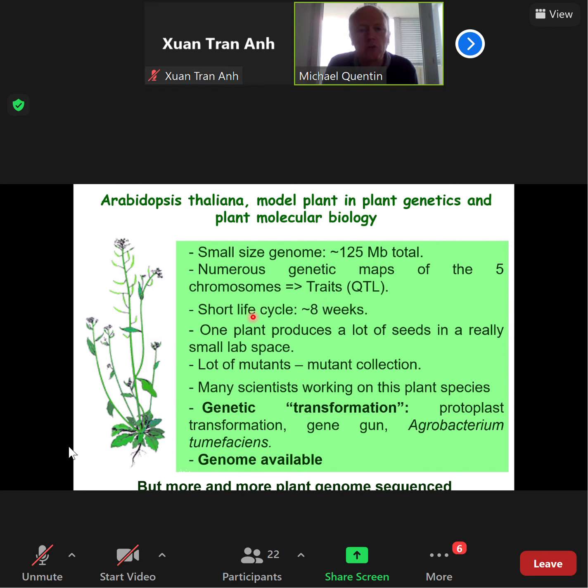It can be shortened, and it produces a lot of seeds. A lot of mutants are available, so we can easily study the function of a gene, and it's very easy to transform. Okay, but don't forget that more and more plant genomes have been sequenced, and more plants are becoming plant models.